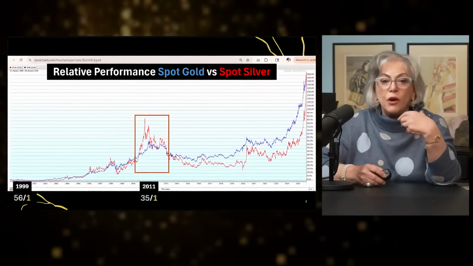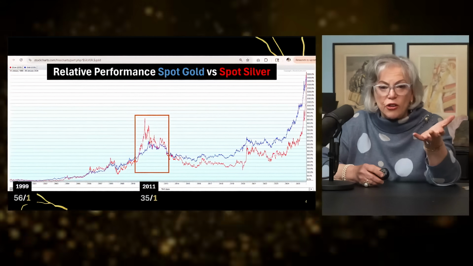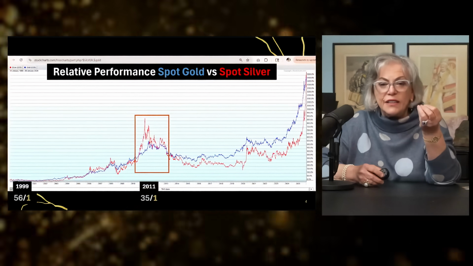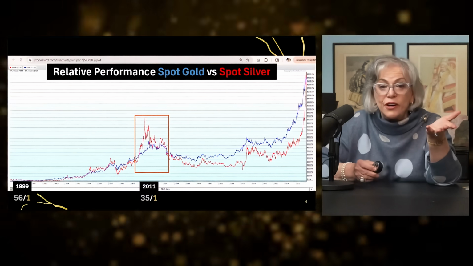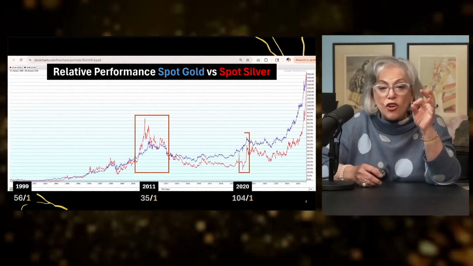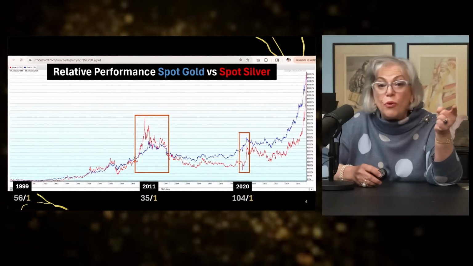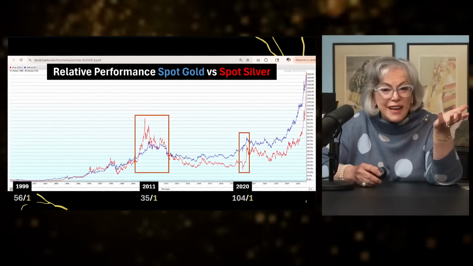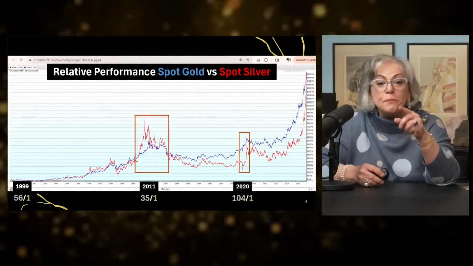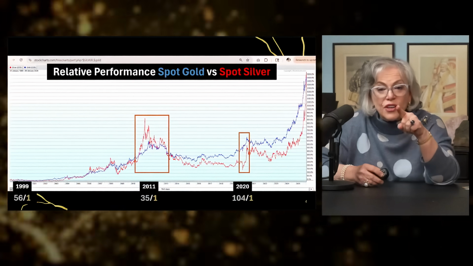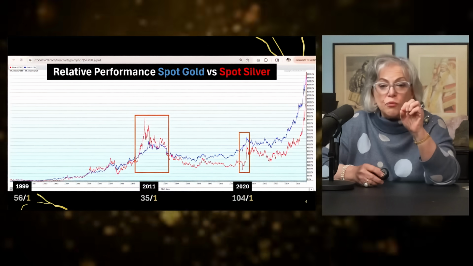So there was a flight to safety, and you can see that spot silver reacted more than spot gold did during that period of time. But that's also when there was a pattern shift, and you can see how both of those lines kind of trended afterwards. In 2020, then you can see how the spot silver, that red line, moved up much more quickly.